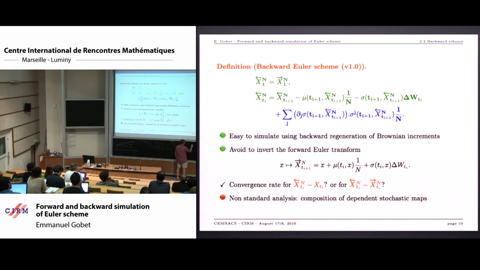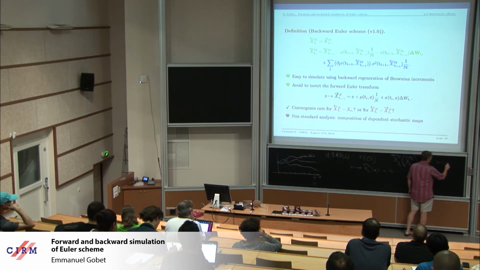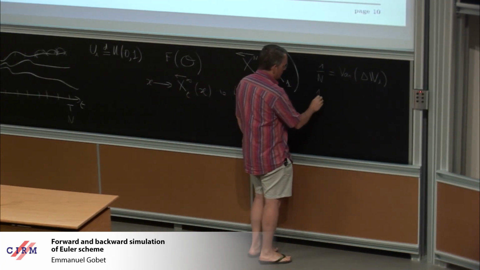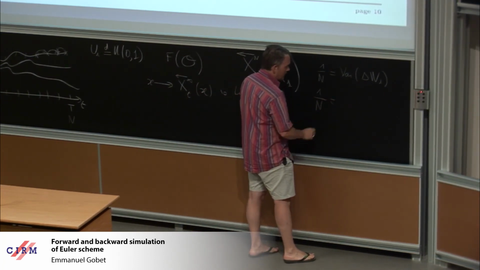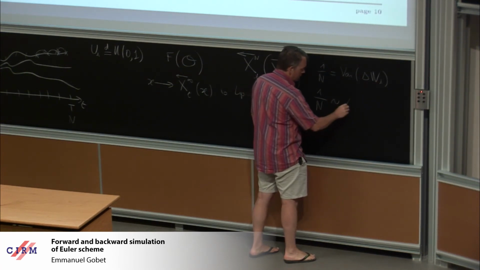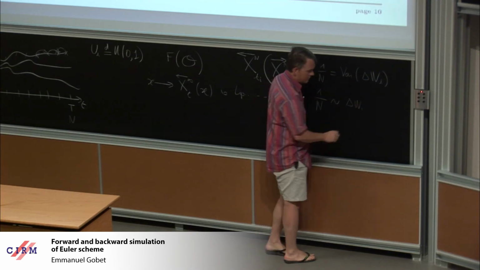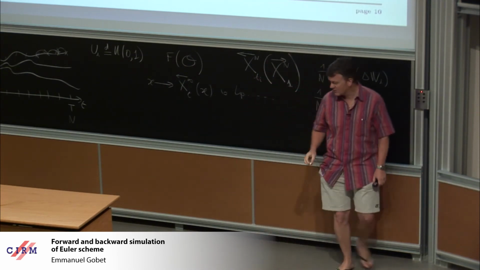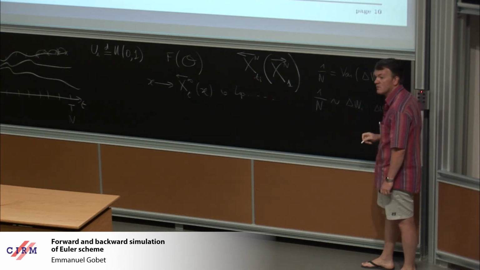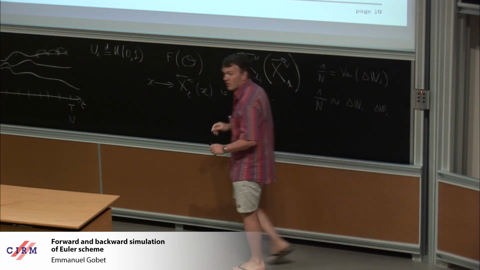This is also the variance of the Brownian increments. So sometimes we use the rule of thumb that 1 over n could be approximated by, let's say, the product of two Brownian increments. This is rather an idea.